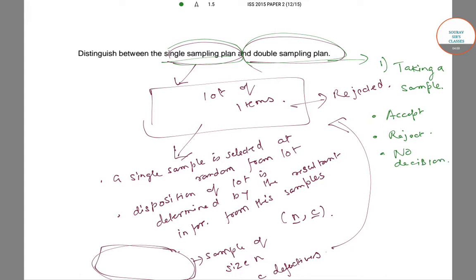After the first sample is taken and tested, the resultant information will either lead to acceptance of the lot, rejection of the lot, or no decision. In case the outcome is the third one, that is, we cannot take any decision, then we take a second sample.